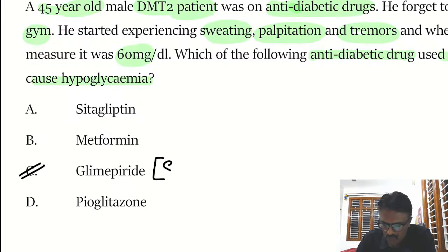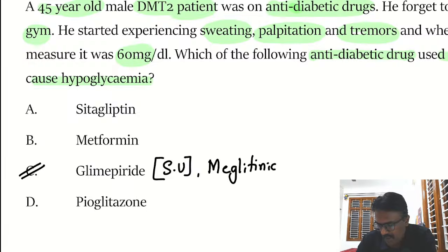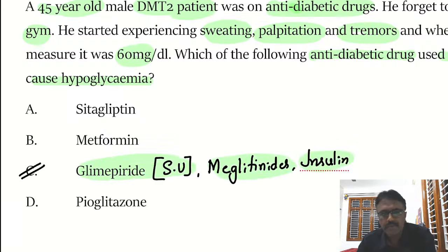Glimepiride belongs to sulfonylureas. So sulfonylureas, then meglitinides, and then insulin preparations. These are the only 3 groups of drugs in diabetes which cause hypoglycemia when they are used alone. Then what about other drugs? All other drugs are anti-hyperglycemic, they reduce the glucose to normal.